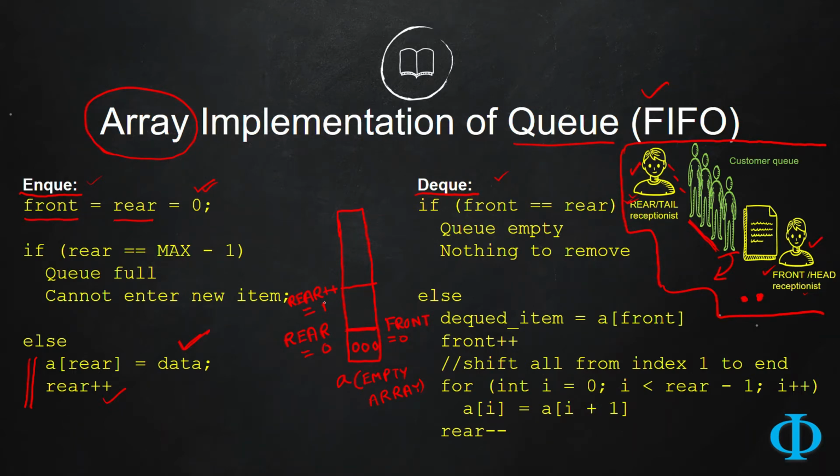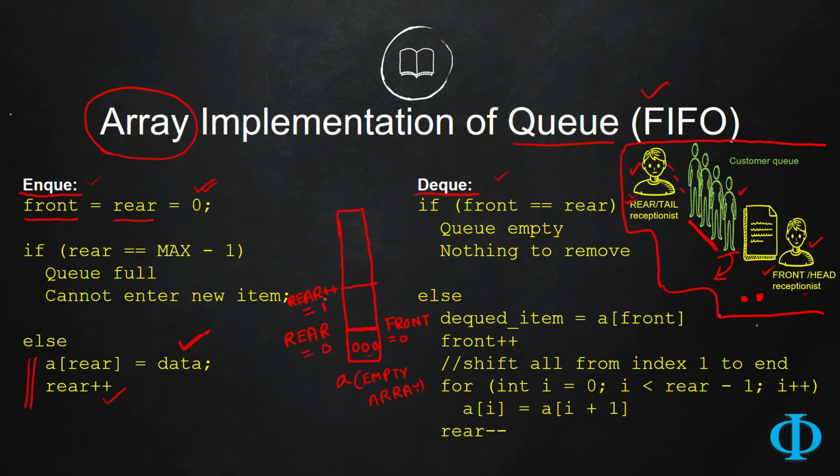It is just like, after entering the first customer in the queue, the rear or tail receptionist waits at the customer's back to manage the queue. That always happens in the real world scenario: enter a customer and then wait in the back of that customer so that you can serve the other one. So that's exactly what we are doing here.